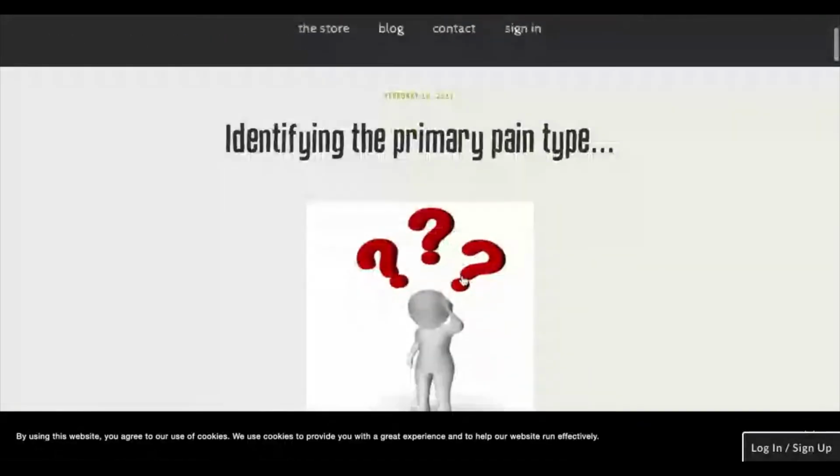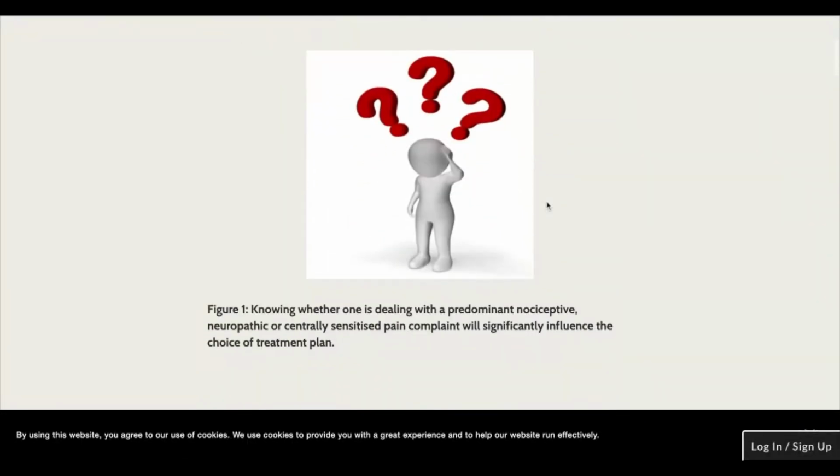And for that reasoning, we need to review something that I put on in week 1, but you maybe haven't got round to being able to see it. So I'm going to walk you through it again here now, which is this article here I put, which is a walkthrough of identifying the primary pain type.